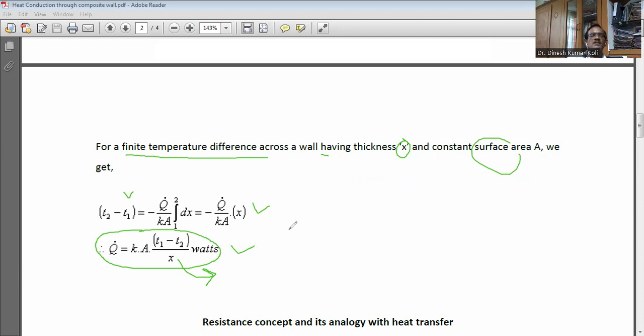It means that if there is a wall of larger thickness x1, and a wall of smaller thickness x2, definitely x1 is greater than x2. Because x is reciprocal to Q, if x is larger, Q will be lesser. Means the heat conduction through a thin plate will be more, but heat conduction through a thicker plate will be less.